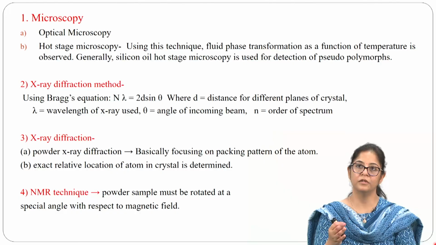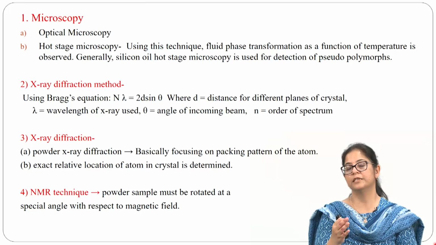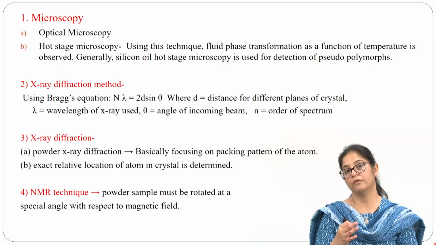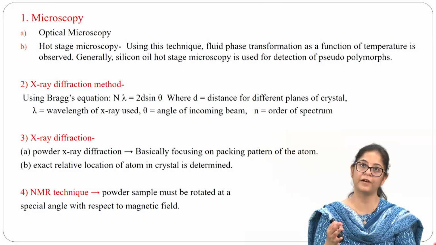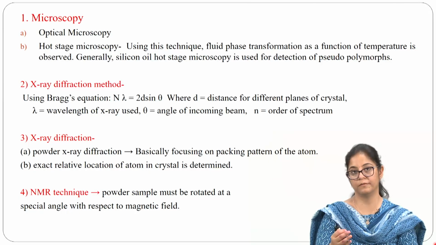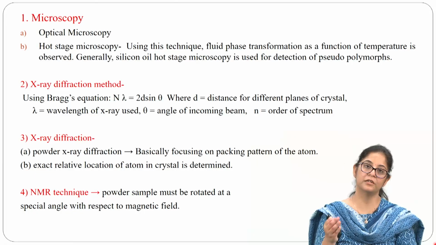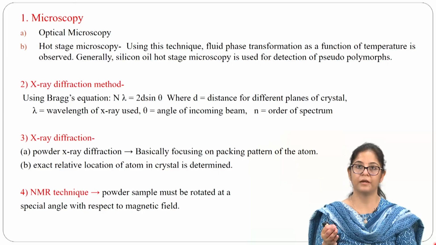X-ray diffraction: the diffraction pattern of the compound changes depending upon its internal as well as external structure. So, a globular moiety will have a different diffraction pattern in comparison to an angular or an oblong particle. So, the diffraction patterns will change depending upon the structure of the solid particle.